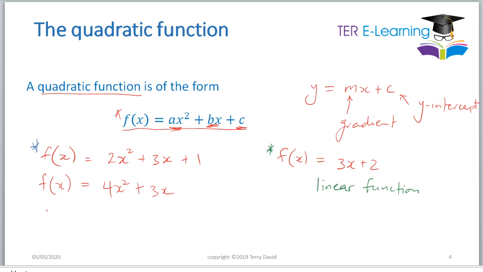Similarly, if I have f of x is equal to, let's say, x squared alone, this function is also a quadratic function. So what really makes a quadratic function is that we must have an x squared term. I want you to understand that first of all. A quadratic function doesn't necessarily need to have three terms. It must have the x squared term in order to make it a quadratic function.